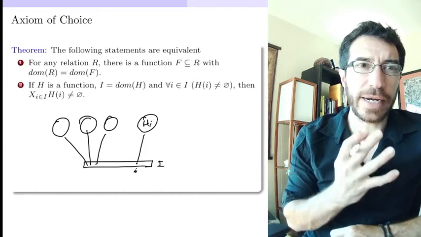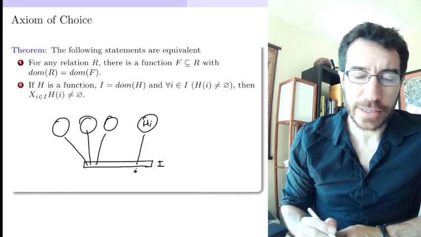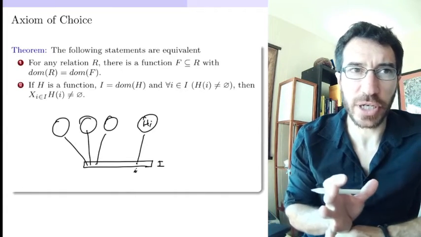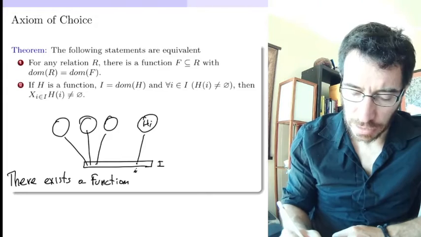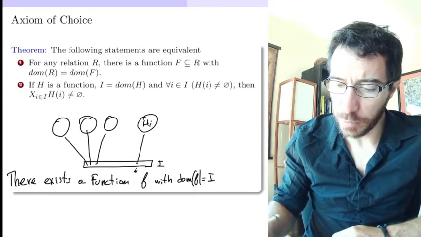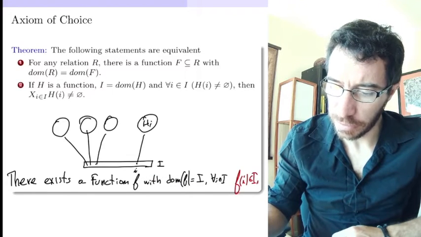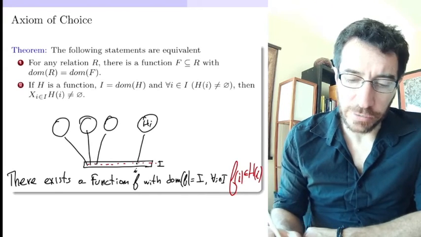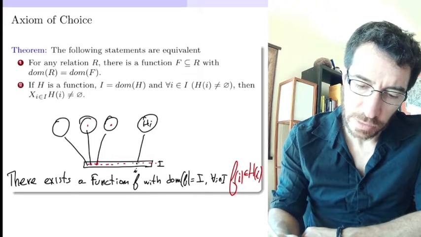And now, what this axiom is saying is that the Cartesian product of the h of i's is not empty. In other words, there exists a function f with domain I and with the property that f of i belongs to h of i. So the domain of the function is all these points right here, and for each point it chooses one point in h of i.